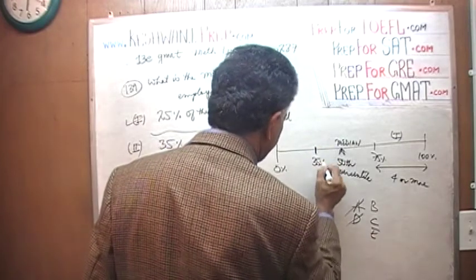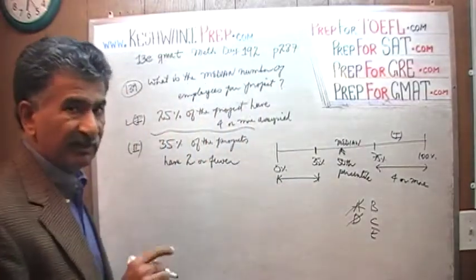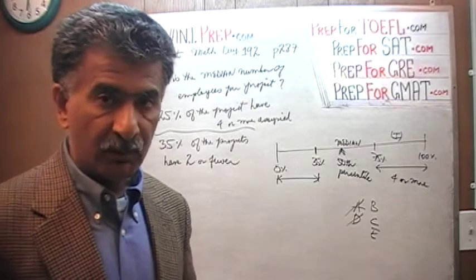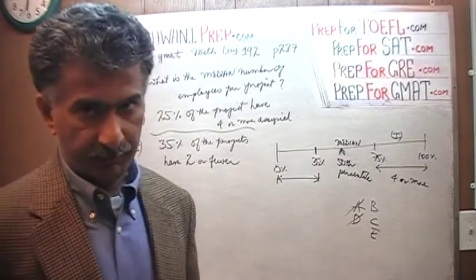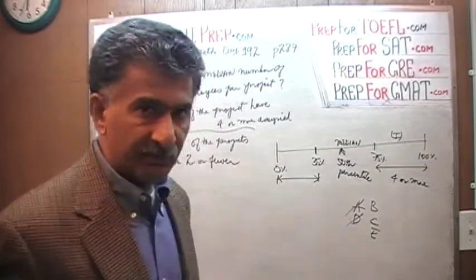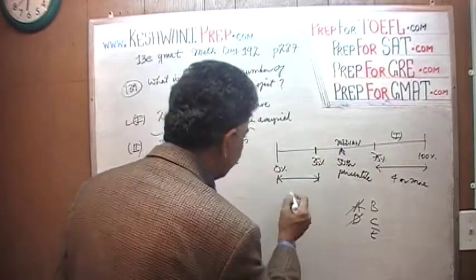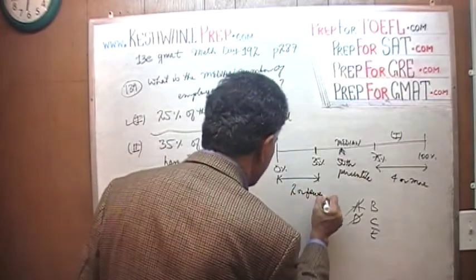This is 35%, the bottom 35% of the projects. Now when we say bottom 35% of the projects, we're not ranking projects in terms of quality. We are ranking the projects in terms of how many people are working on them. The bottom 35% means the projects with the least number of people working on them, and here we have 2 or fewer people.